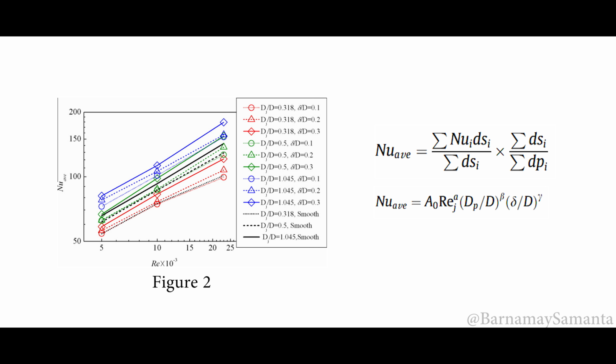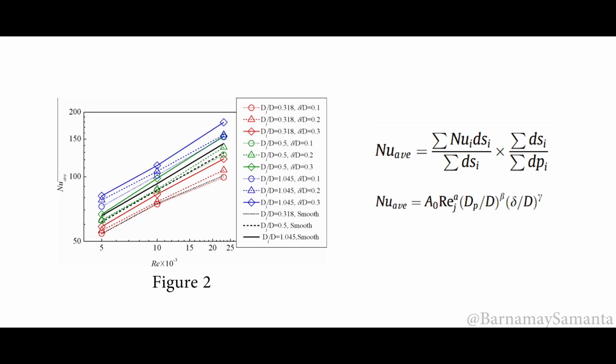Nu average equals a0 Re to the power of alpha (dj/D) to the power of beta (δ/D) to the power of gamma. Among them a0 equals 1.5325, alpha equals 0.4864, beta equals 0.2873, gamma equals 0.1335, the mean square deviation is 4.78%.